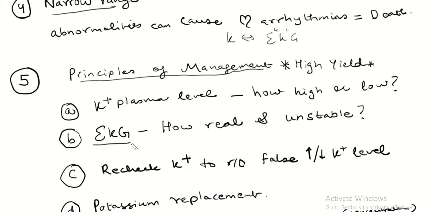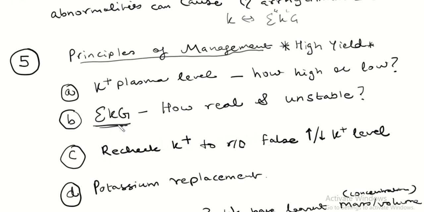Second, I am going to confirm whether the patient does have the potassium abnormality that I am seeing on the levels in the lab. How real is it and how stable is it? If I see the EKG changes, I know it's for real and I know it's unstable. I got to do something about it because that potassium outside the cell is irritating the myocardial cells, and it's an accident which is going to happen pretty soon unless I do something about it. Okay?